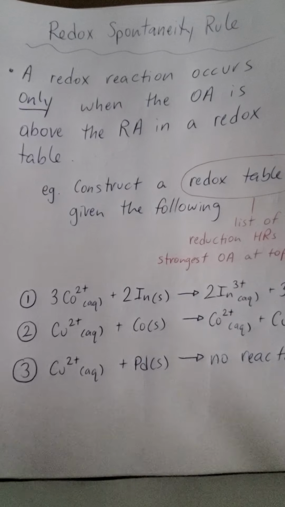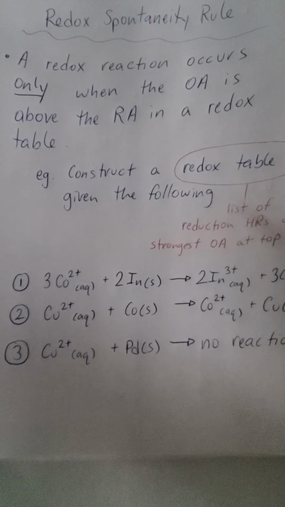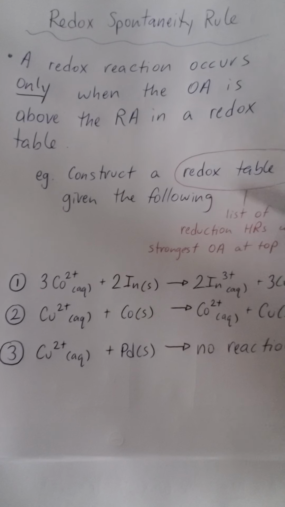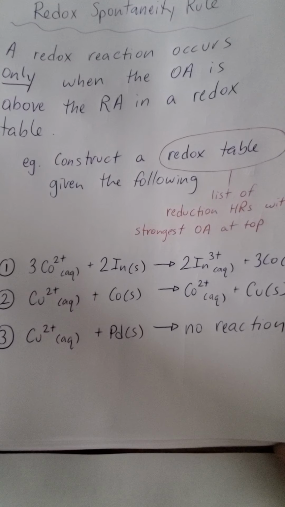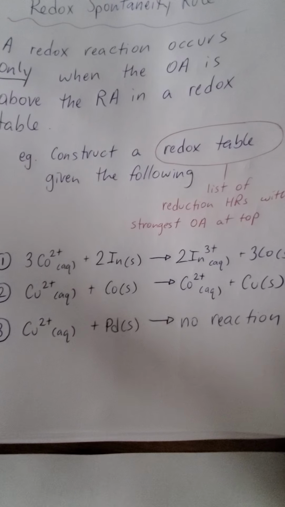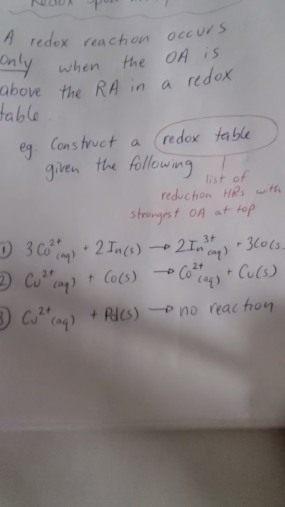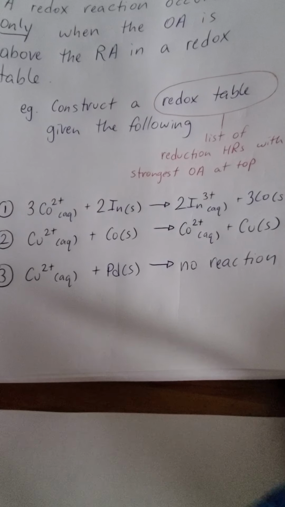So what we're going to do is construct a redox table given these three facts. Just a reminder, a redox table is a list of reduction half reactions, and it has the strongest OA at the top, and the OAs get weaker as you go down. Here are the three things we're going to use to build the table.